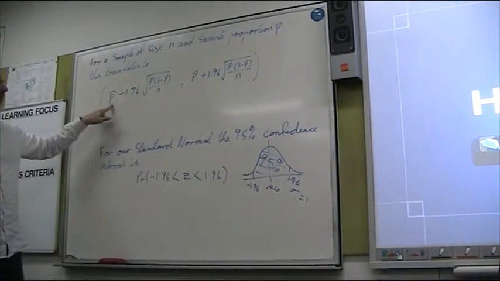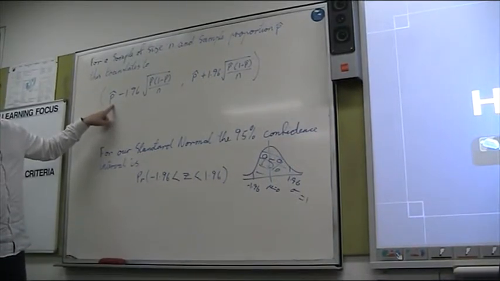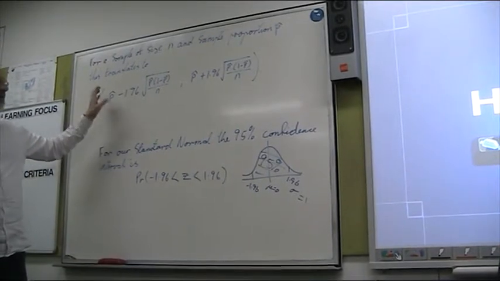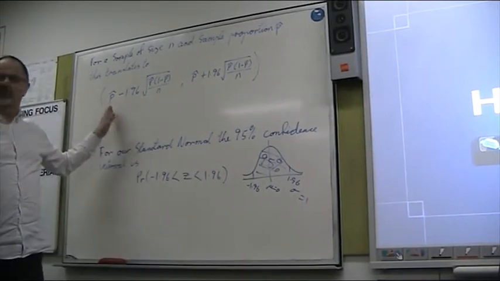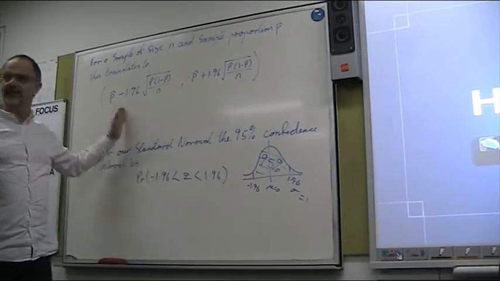Because this is the proportion I got when I did it, so how does that relate to the whole population? And you say, well, 95% confident that the population proportion will lie between those things.